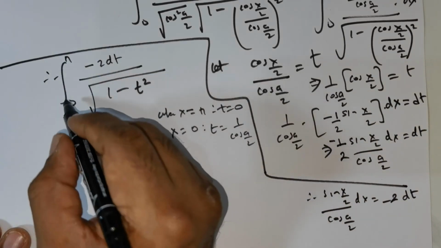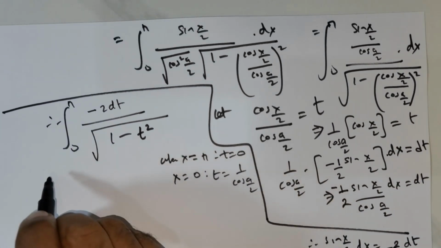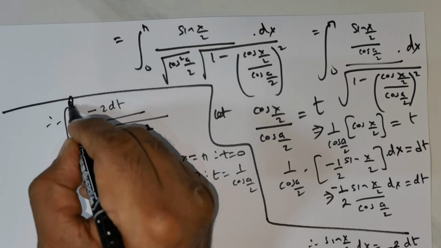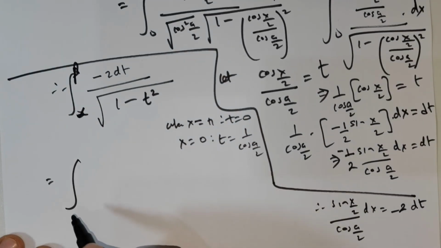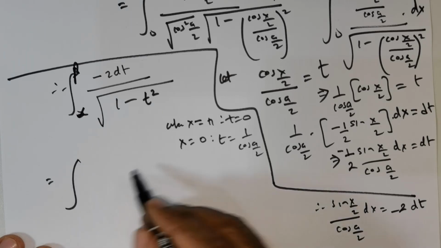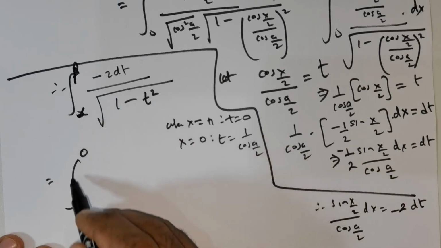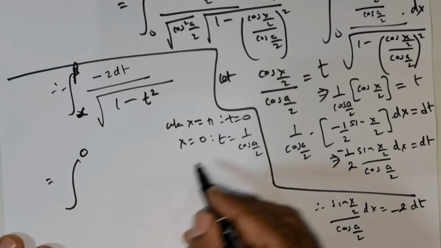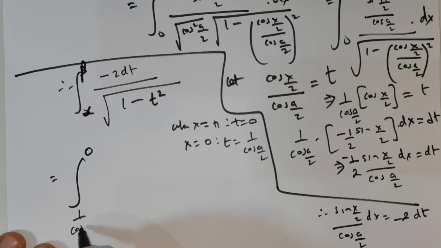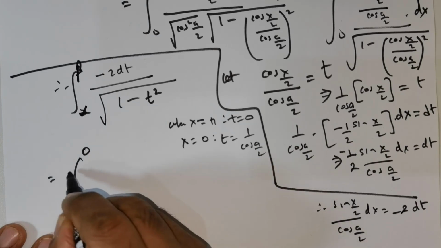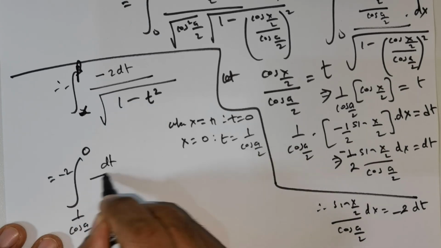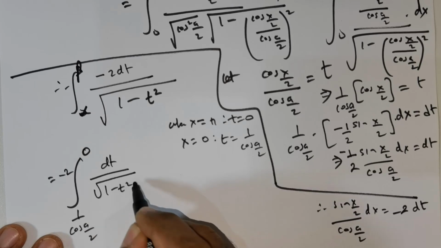So we need to substitute the limits. In place of pi I got 0. In place of 0 I've got this value 1 over cos a over 2, and you got this negative 2. I'm taking it out, so dt divided by root of 1 - t squared.